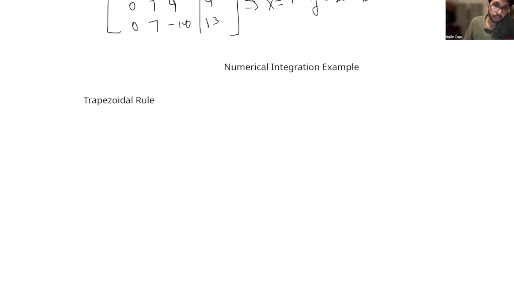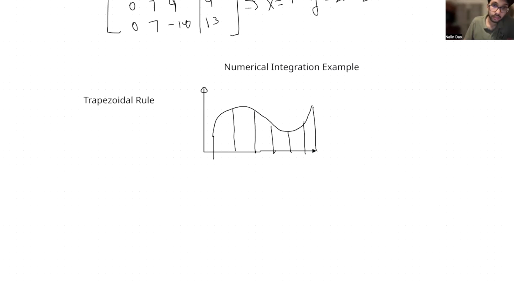Say we have this graph, and we have these data points. So now what we get is something like this, right?